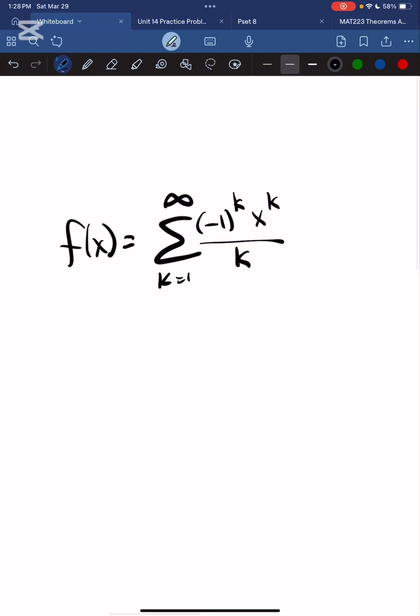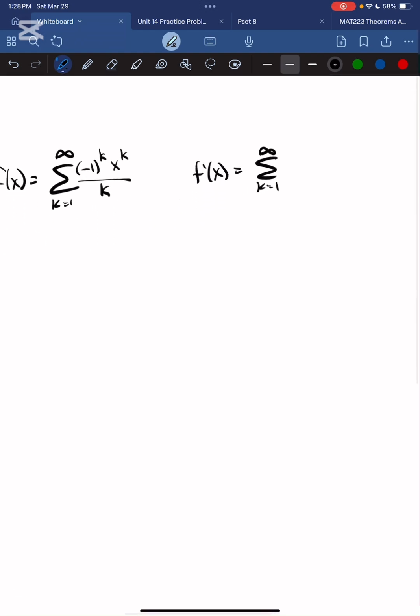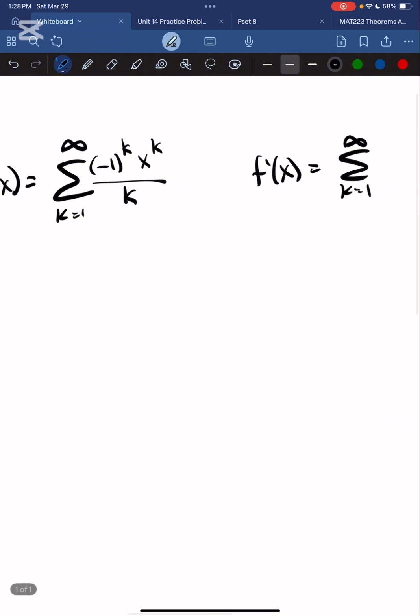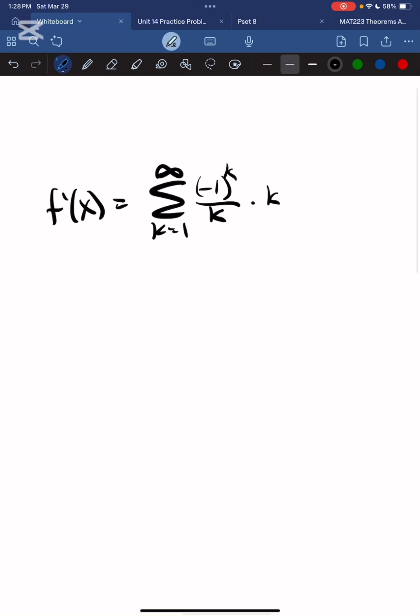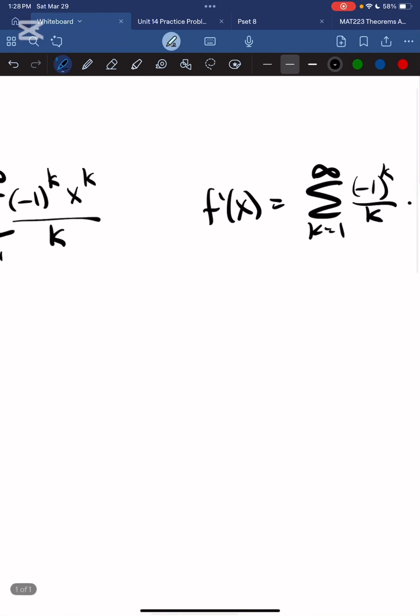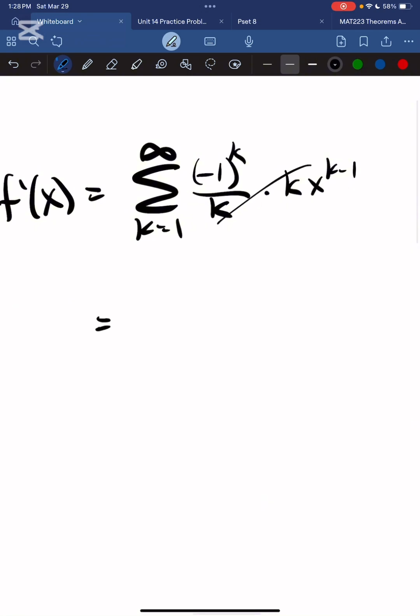Now let's differentiate this bastard. Differentiating this guy, we ignore all the non-x terms and just differentiate the x part, and then these k's cancel out and we're left with just this.